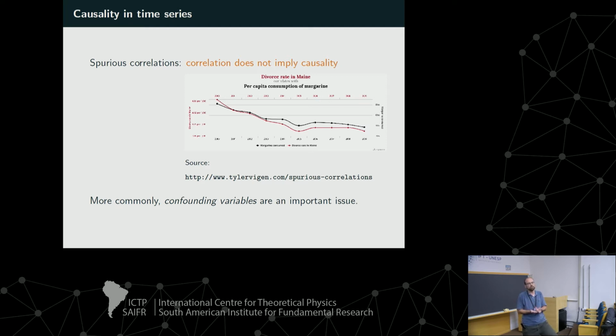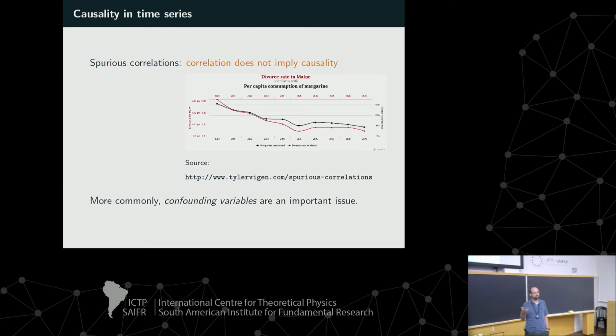You can build models, fit the models to the data, and see if the model is a good fit or not. But wouldn't it be nice if there was some way of doing that directly from the data? So this is the idea: doing a kind of model-free causality test.